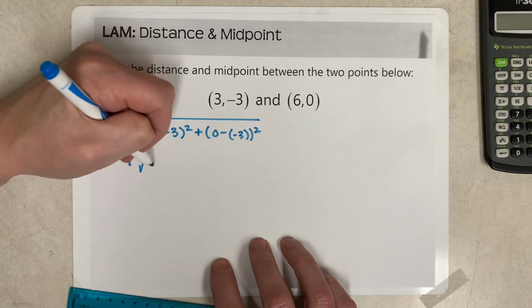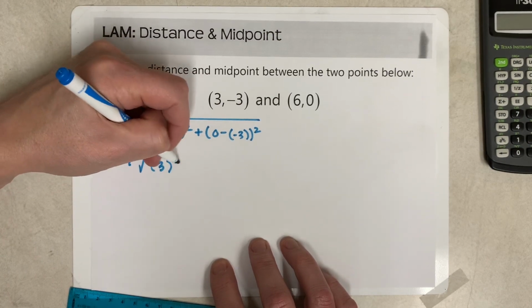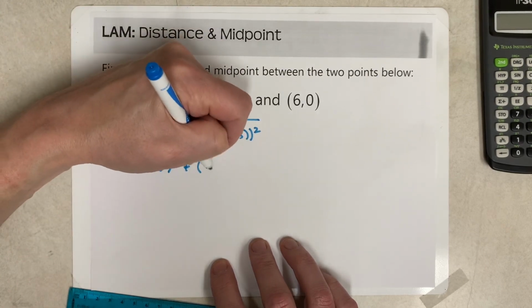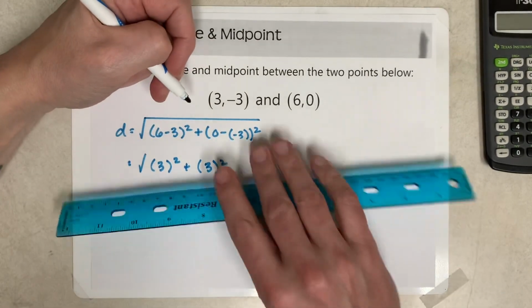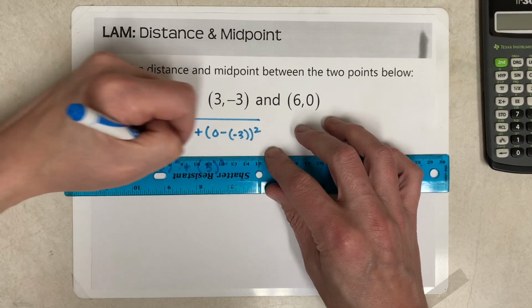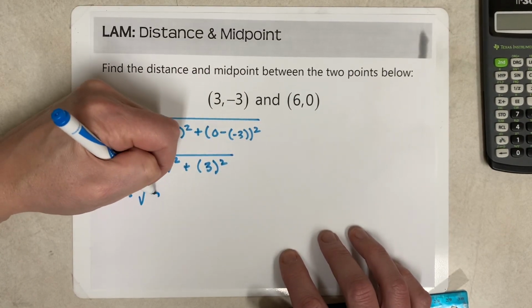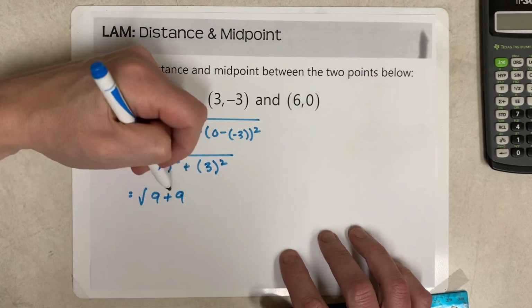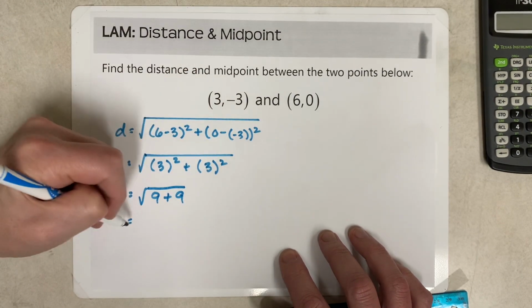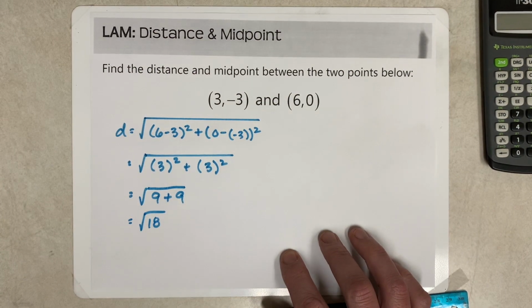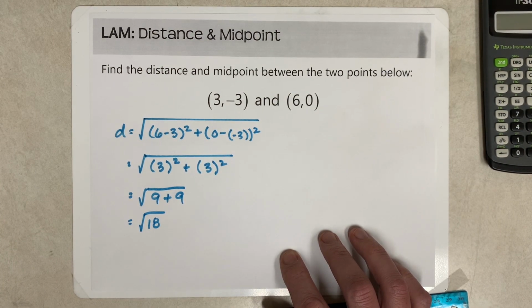So now we have 6 minus 3 is 3 squared plus 0 take away negative 3 is 3 squared. Okay, so now we have the square root of 3 squared is 9 plus another 9. Square root of 18.